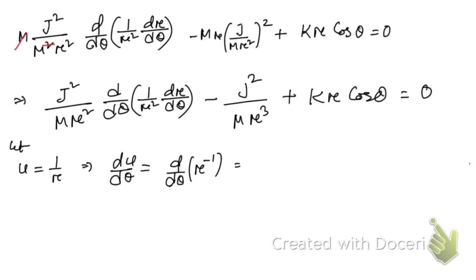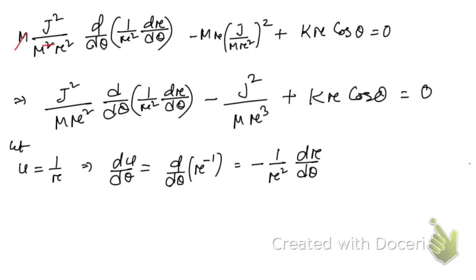In case of a partial derivative it would be 0 if you were differentiating a function of another variable. But now it is not a partial derivative, so we're going to get minus 1 by r square dr by d theta.